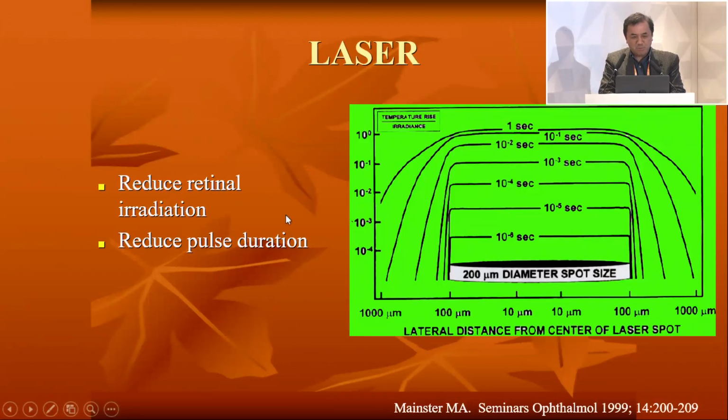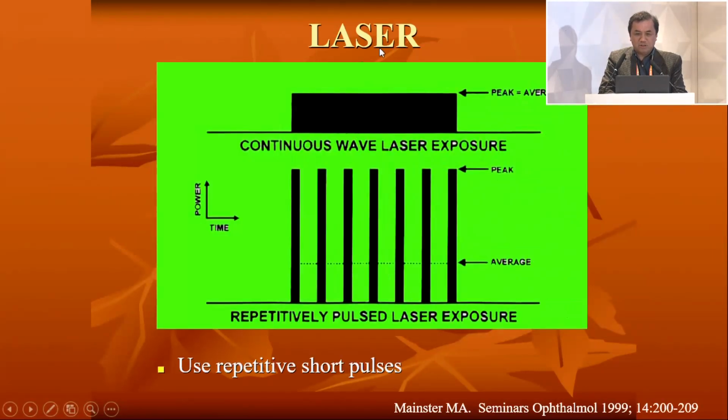So I've shown you a couple of ways that you can reduce the iatrogenic effects when you're doing conventional laser photocoagulation. One of them is to reduce the retinal irradiation, and the other is to reduce the pulse duration. So let me introduce to you now the term micropulse or subliminal, where the idea is that you have the entire duration of the pulse, but we only select a portion of that time where the laser is firing, and the rest of the time the laser is off.